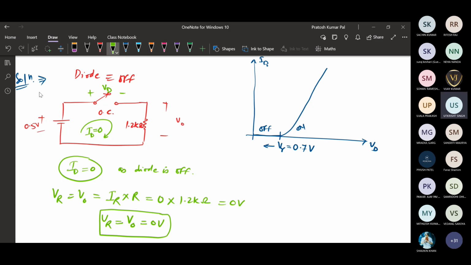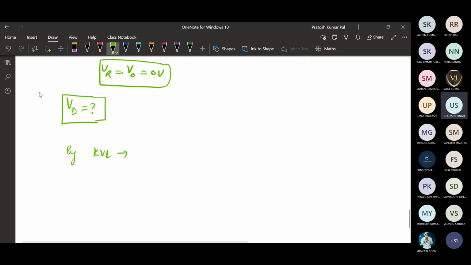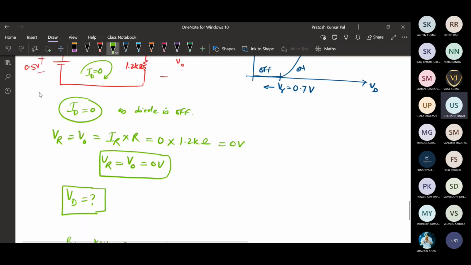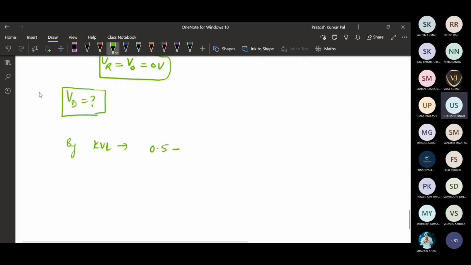Writing the KVL, we exit this component at the positive terminal, so this will be 0.5. The next component is the diode, with the conventional sign of voltage positive here and negative here, so it will be minus VD.